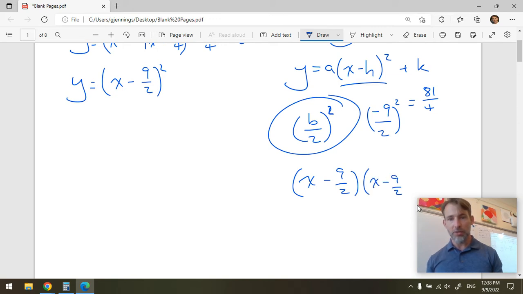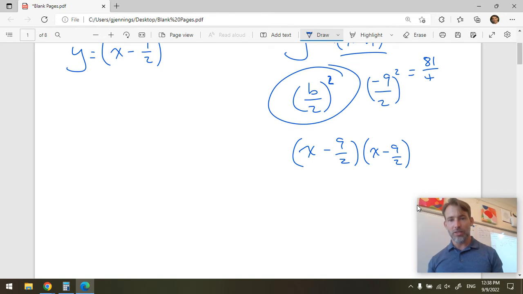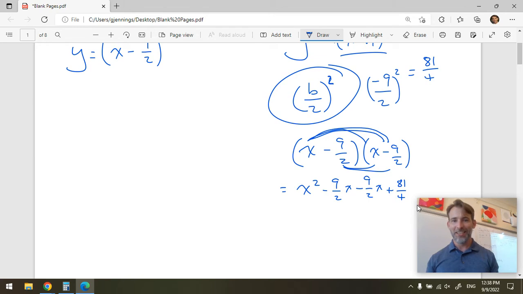This is (x minus 9 over 2) squared, so this is going to give us x squared, minus 9 over 2 x, minus another 9 over 2 x, plus 81 over 4. Now, when I group the like terms, that's equal to x squared minus 9x plus 81 over 4.